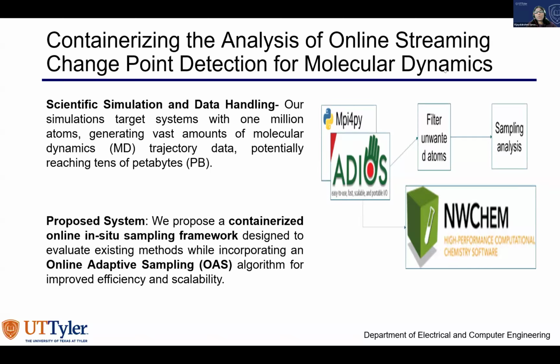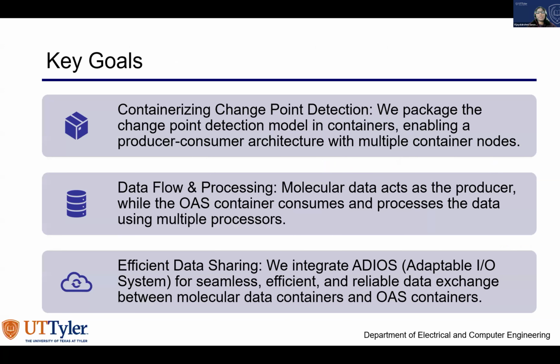So we collected all the molecular dynamics data trajectories, and we proposed a solution called the multi-containerized in situ sampling framework, which evaluates the existing online sampling algorithm for improved efficiency as well as scalability.